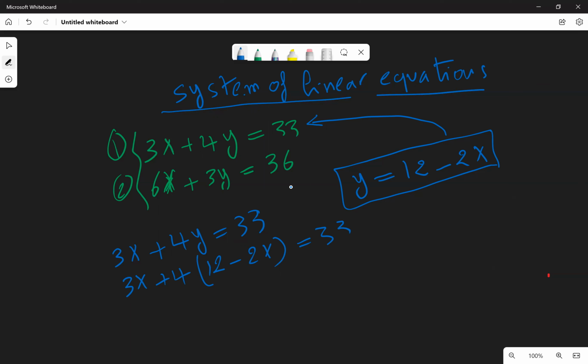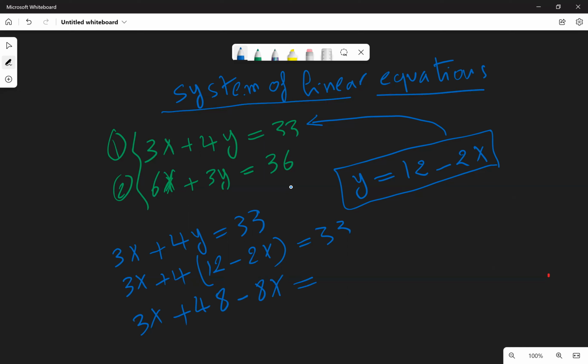So now I'm going to simplify this expression. So I get 3x plus, here I have 4 times, I have to distribute 4 to whatever I have in the parentheses. So 4 times 12 is 48 minus 4 times 2, that's a minus 8x.